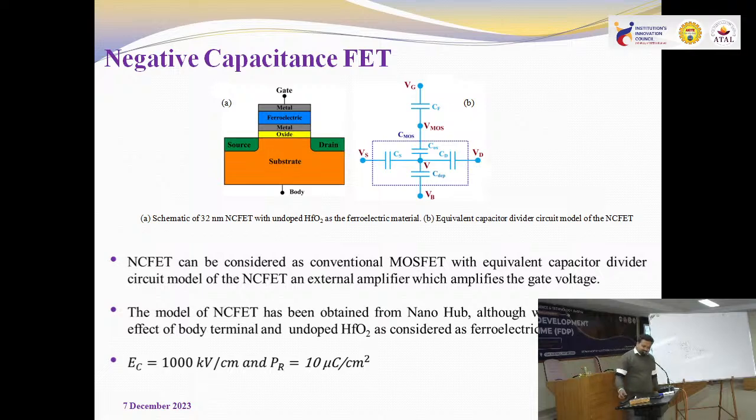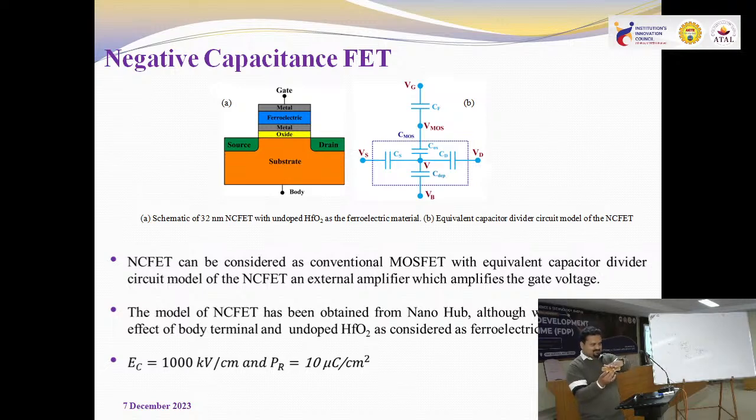Now, your NCFET is just a MOSFET with an external amplifier. So the ferroelectric is acting as an amplifier. Oxide, metal, then ferroelectric. So it's like you have a MOSFET, correct?